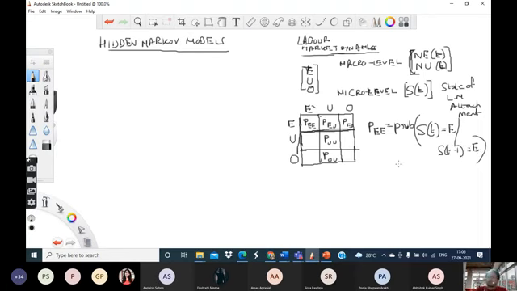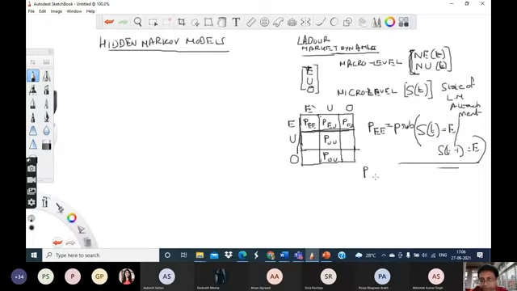So what does this mean? This means: given the person was employed at time t minus 1, what is the probability that in time t also they will continue to remain employed? Okay.